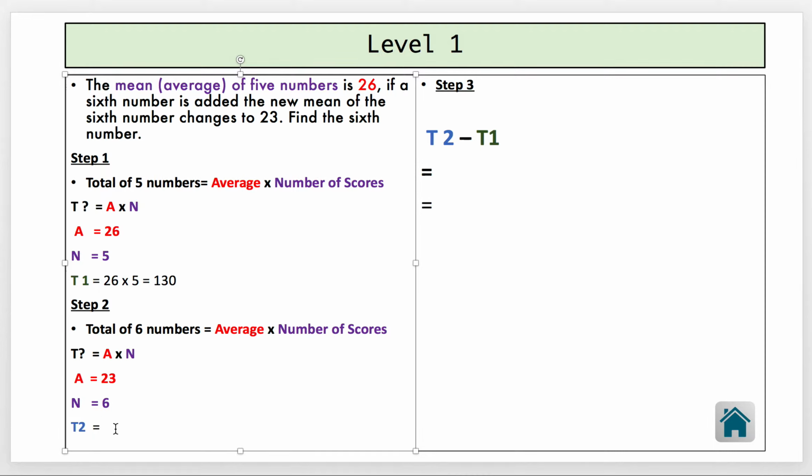So now we're going to put this into the formula. So 23 times 6 gives us an answer of 138.